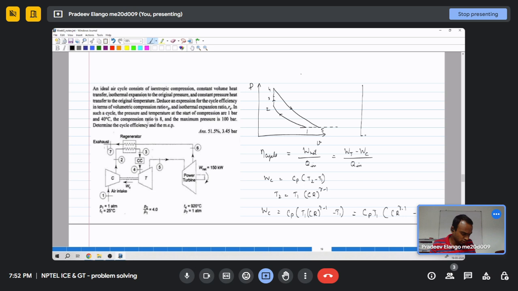If you see in the TS diagram, 1 to 2 will be like this, and 2 to 3 is constant volume heat addition, so it will go somewhere like this. So it will be 3 and it will be 4. And then we have isothermal expansion to the same pressure. So this pressure line goes like this, it is expanded like this, right?